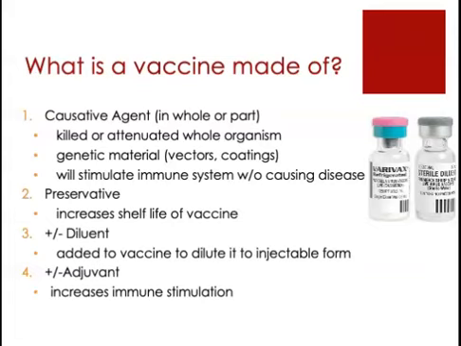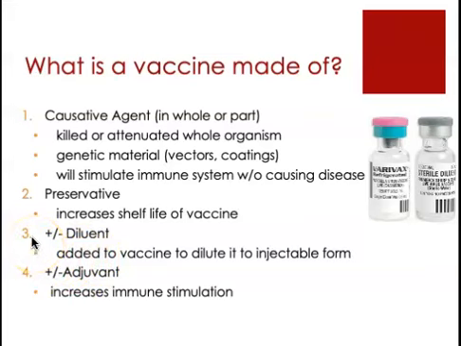Again, we use causative agent in whole or in part in vaccines, but this causative agent is not able to cause disease in the host. It is not possible for a person to develop that disease from a vaccine. The vaccine stimulates the immune system without causing the disease.